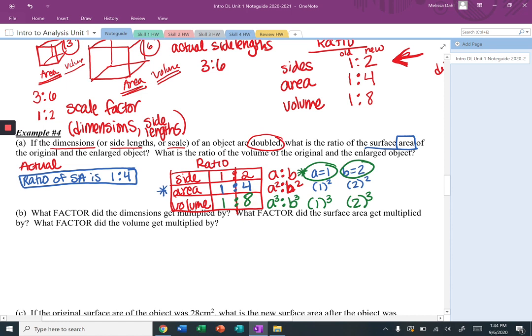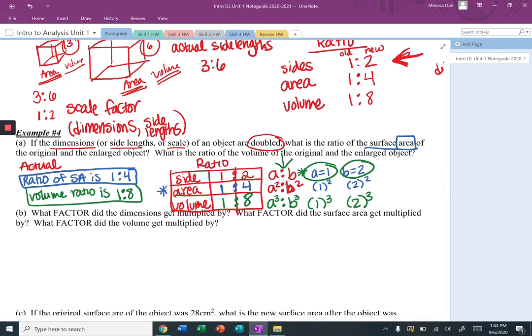So we have our volume ratio of 1 to 8. So the volume ratio is 1 to 8. So again, how did I figure that out? I isolated the information they gave me and filled it into the ratio chart, and I had to have this idea memorized, the idea of how they're related to each other.